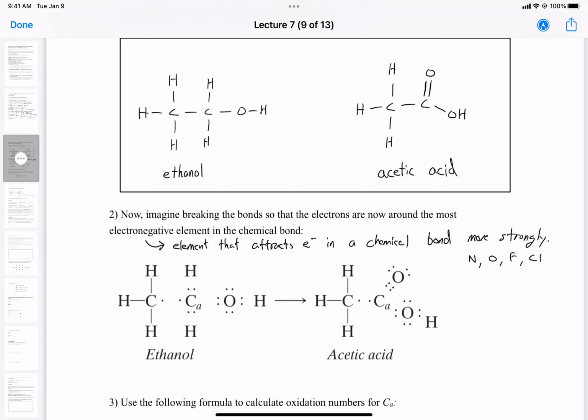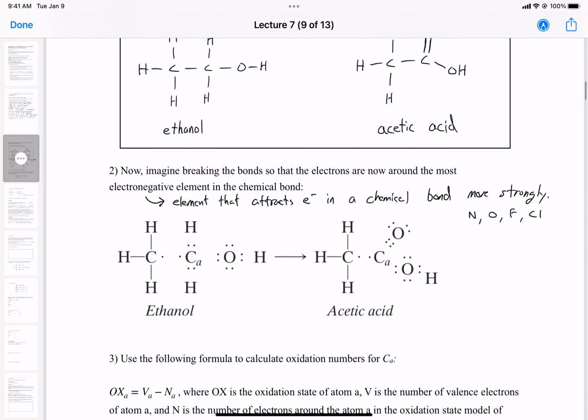Carbon's electronegativity is higher than hydrogen. So in our case, for electronegativity, hydrogen is less than carbon, which is less than oxygen. Okay? So oxygen is going to have the highest electronegativity.